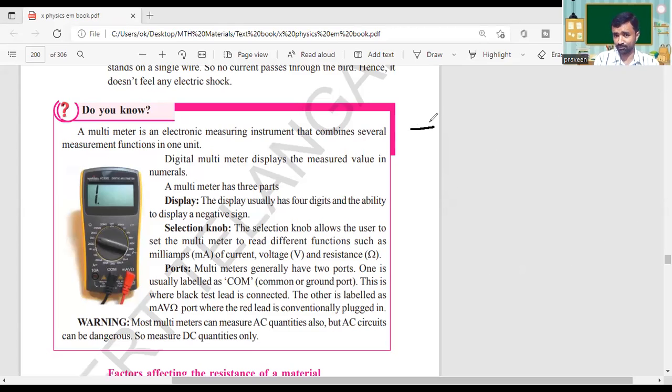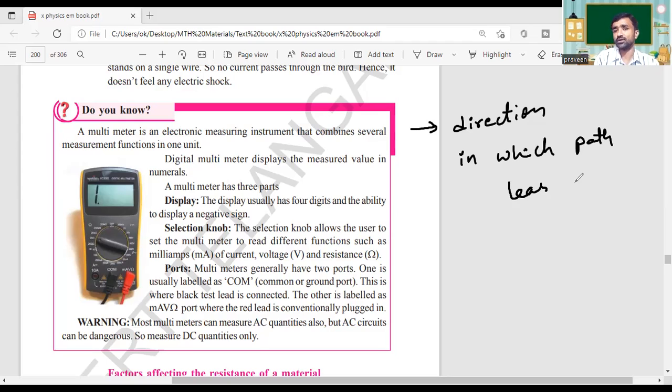That is, what about the direction of current? While it is passing through any material, it chooses the path that has the least resistance.